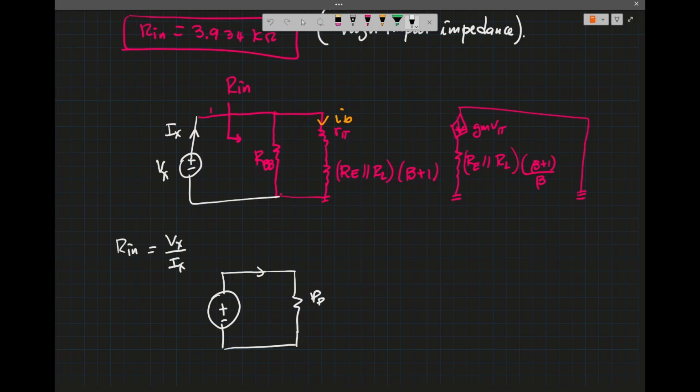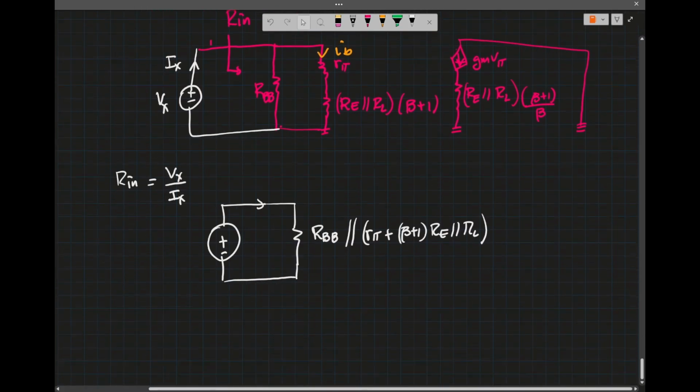So the equivalent resistance seen by the source will be RBB parallel R pi plus beta plus 1 RE parallel load.